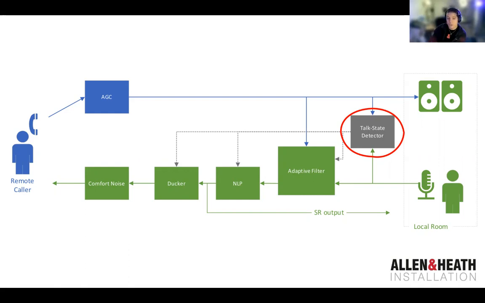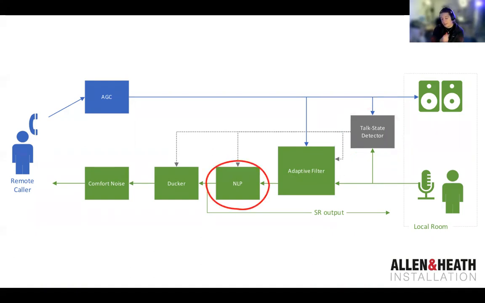So if there's 2 people talking, the adaptive filter says stop updating. Most AEC system block diagrams show at least a double talk detector, a DTD, so that it can tell the adaptive filter to shut off. But we have 4 different states and we combine them into a talk state detector, again for efficiency and quality of service.